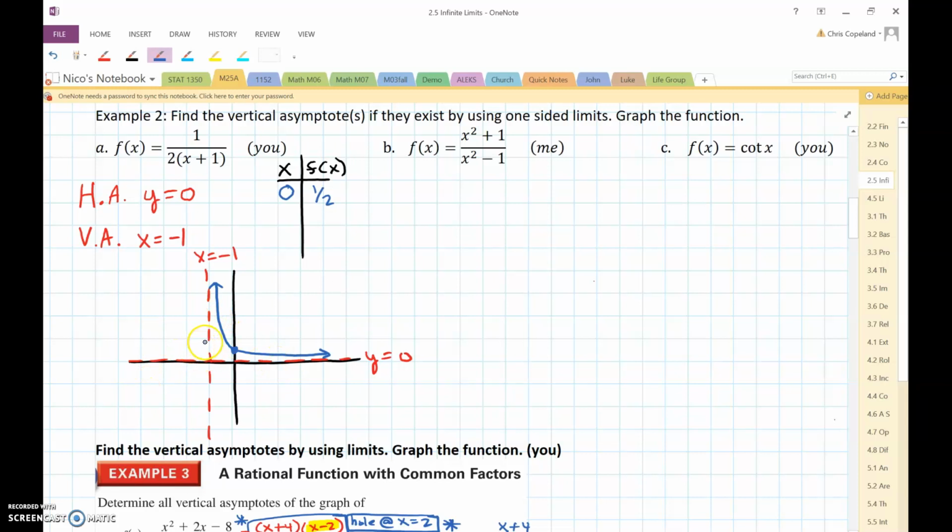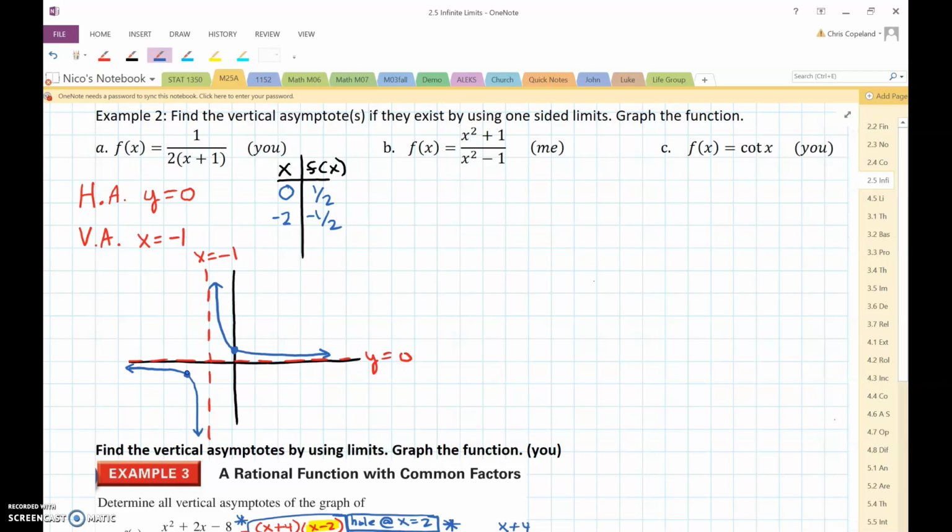Now let's try a point to the left of the vertical asymptote. Let's try -2. If I plug -2 in for x, -2 plus 1 is -1, -1 times 2 is -2. This is going to be -1/2. So that's going to be down here.